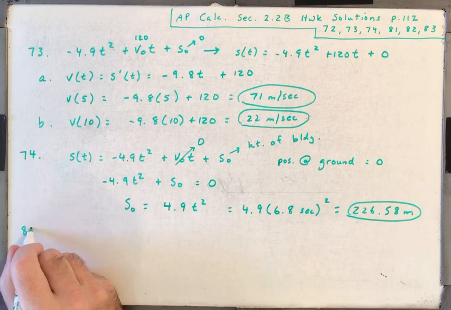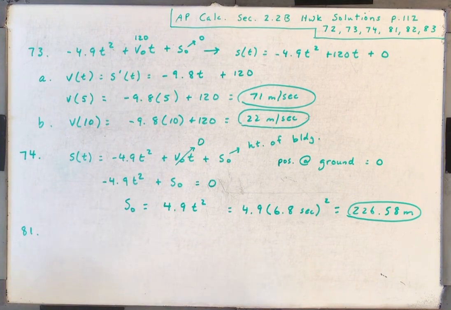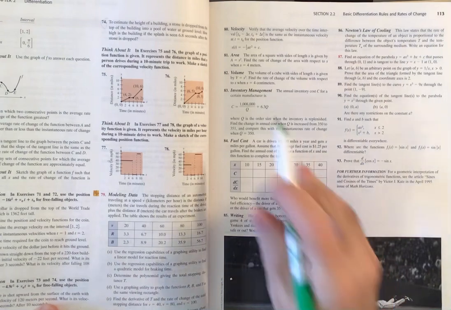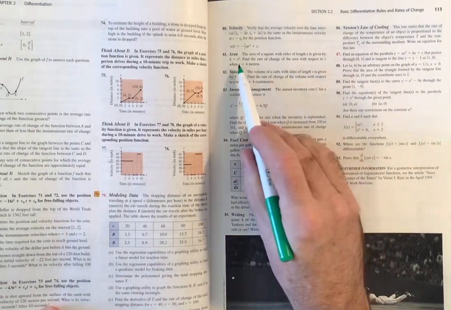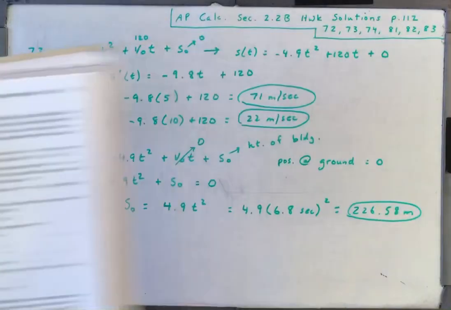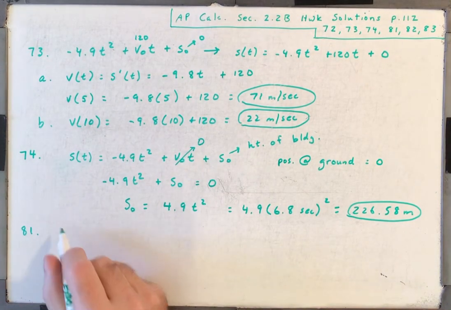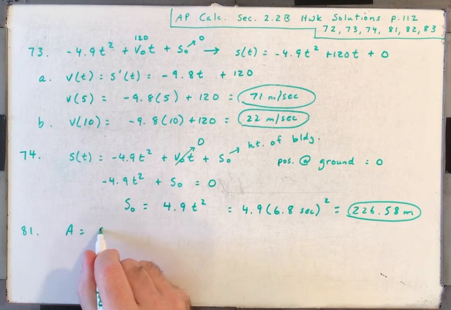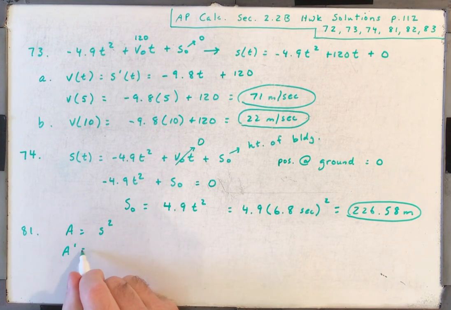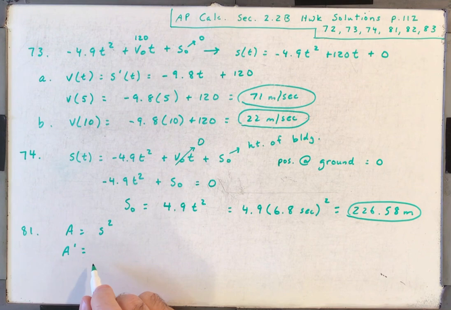Number 81 says the area of a square with sides of length s is given by a equals s squared. Find the rate of change with respect to s when s is 4 meters. So I gave you the hint. We have a is equal to s squared. So take a derivative to get the rate of change. That's a prime. That's going to be 2s.